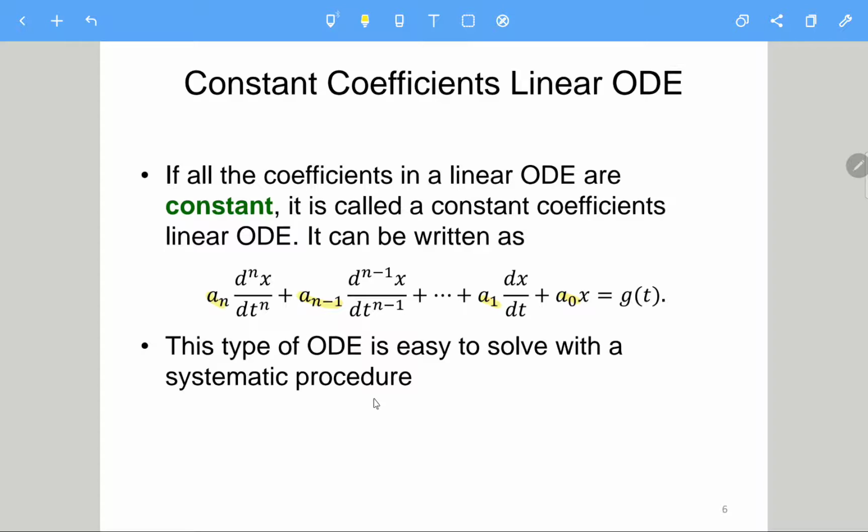Of course, when you have not learned something like the Laplace transform or Fourier transform, then you definitely will follow the procedure I'll teach you. After you learn the Laplace transform, you'll be able to solve even more types of linear ODE, because what I teach you now has some limitation on the g of t on the right side.